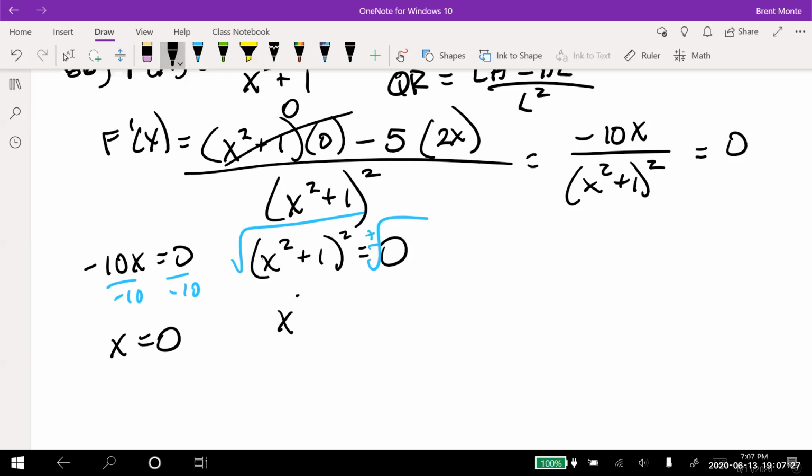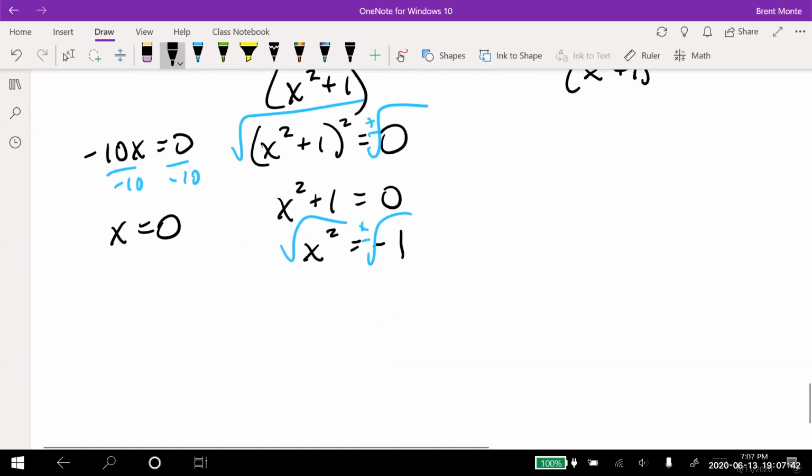And so that gives me x squared plus 1, square root's gone, equals 0. Subtract 1, x squared equals negative 1. Again, take the square root, say plus or minus this time, but the square root of negative 1 is a complex number. So x is positive or negative i.